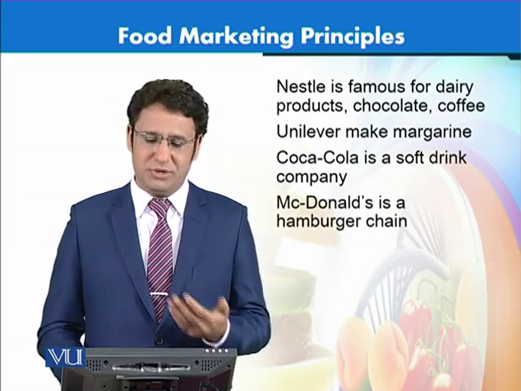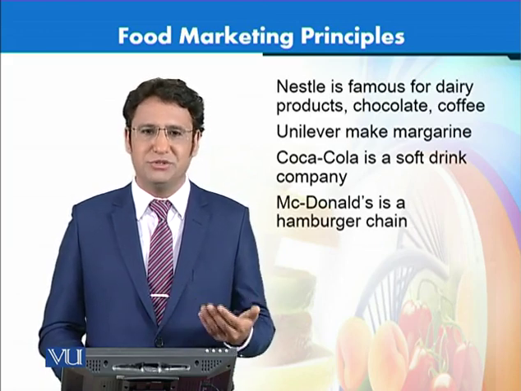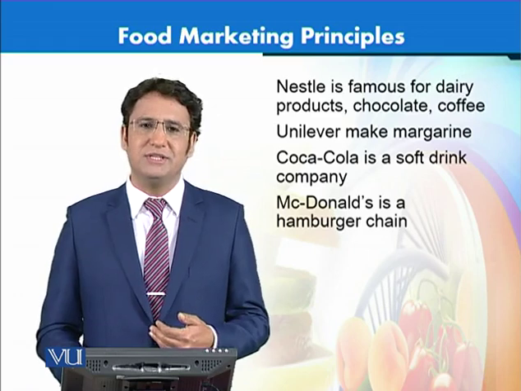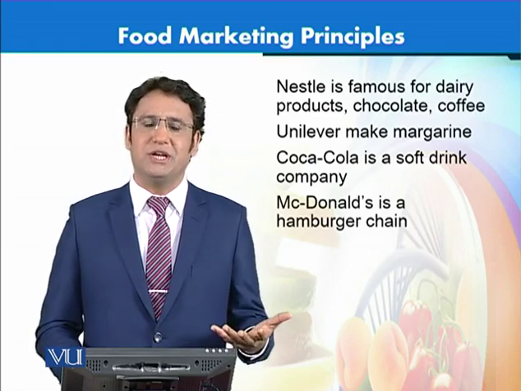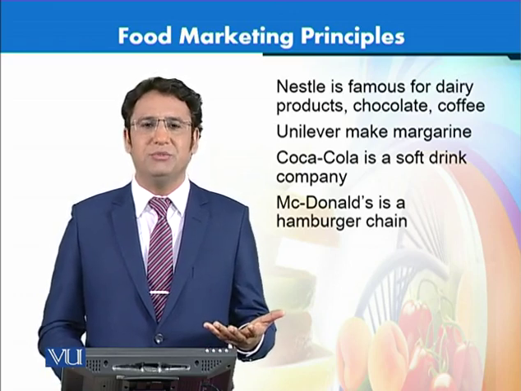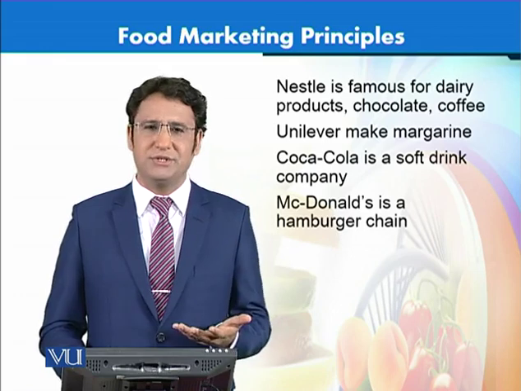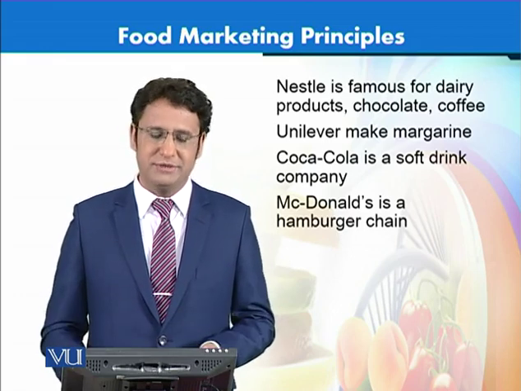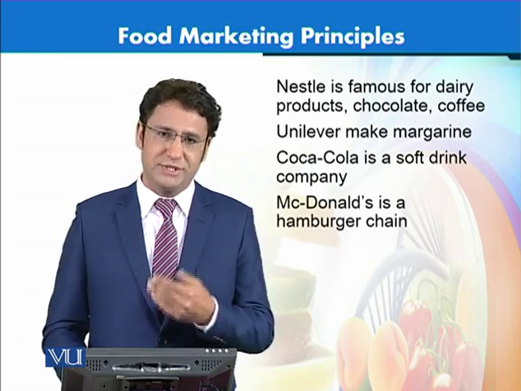For example, if you talk about Nestle, they not only produce dairy products, they produce chocolates, they produce coffee as well. So these different products would be bought by different segments of society. There would be different buying power, different age groups, and different demographics that would determine the kind of marketing that has to be done for selling these products.